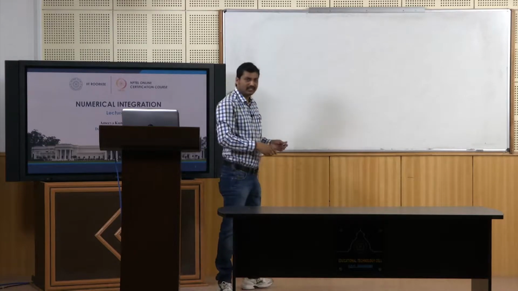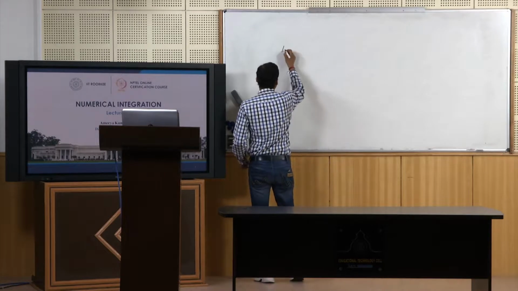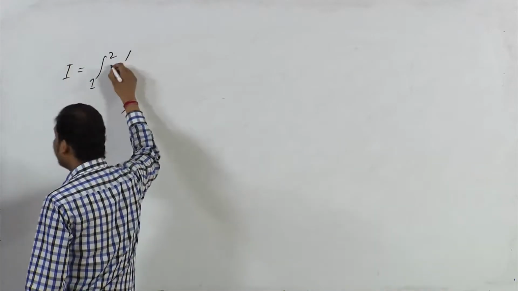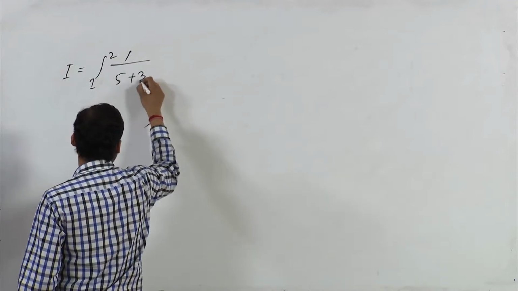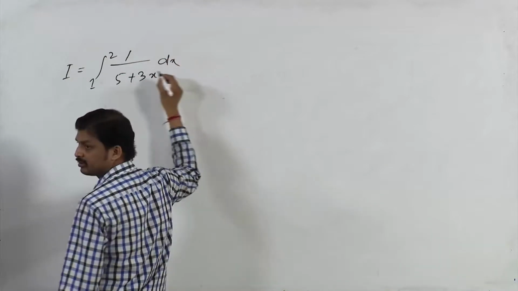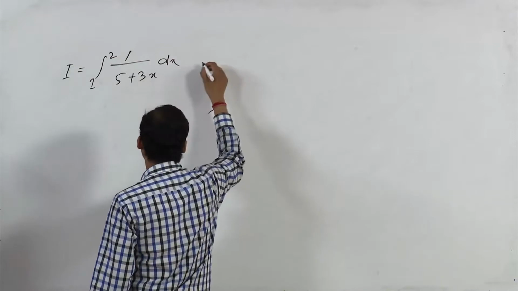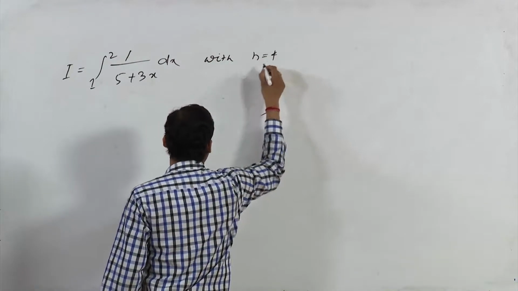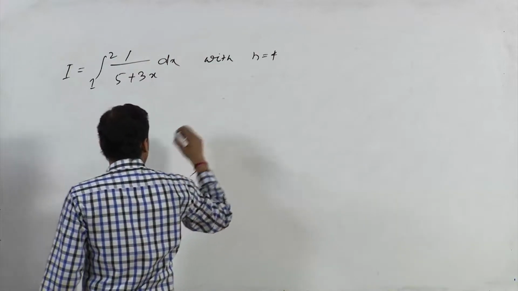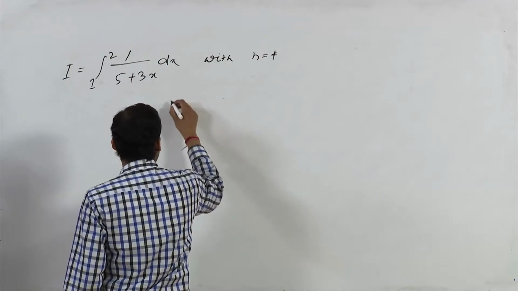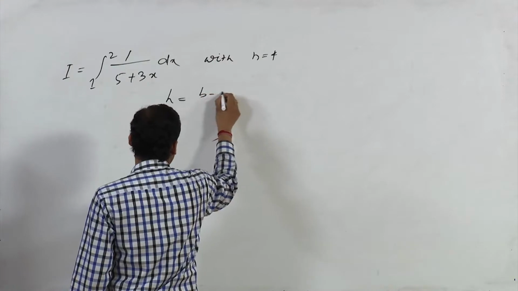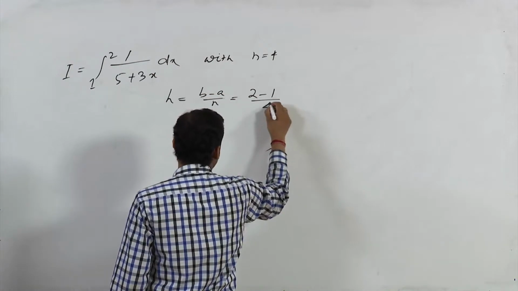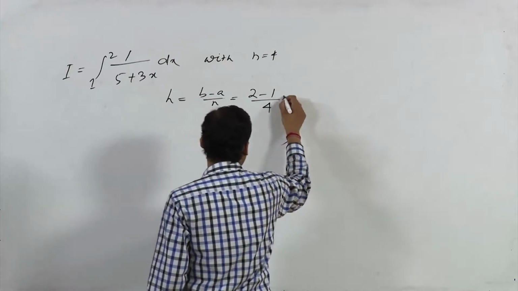So this integration is given as I equals the integral from 1 to 2 of 1 by (5 plus 3x) dx with 4 sub intervals, that is n equals 4. Then h equals (b minus a) by n, that is (2 minus 1) divided by 4, which is 0.25.